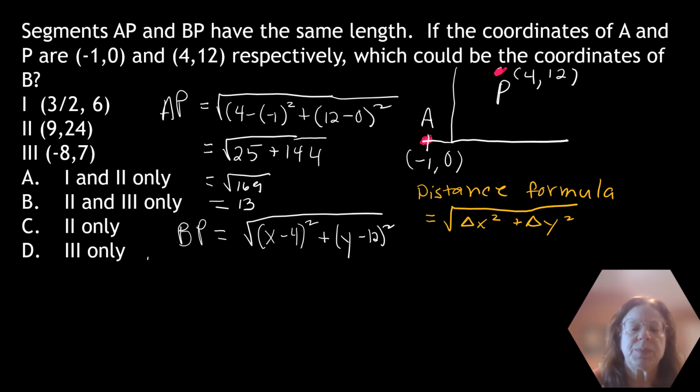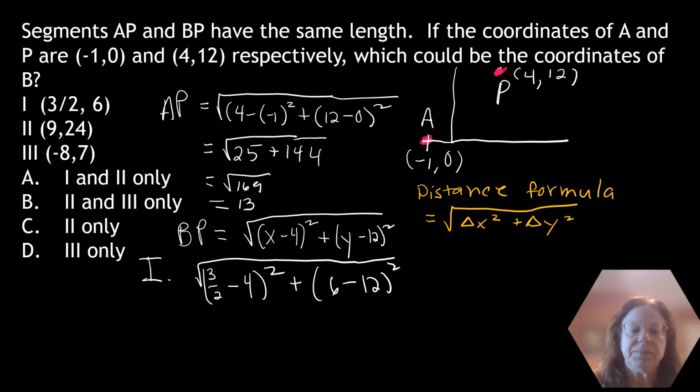So let's try the first point, number 1. We plug in, everywhere you see x, we're going to plug in 3/2, and where you see y, we're going to plug in 6 for that distance formula. And we're going to use the point B, because we want to find BP.